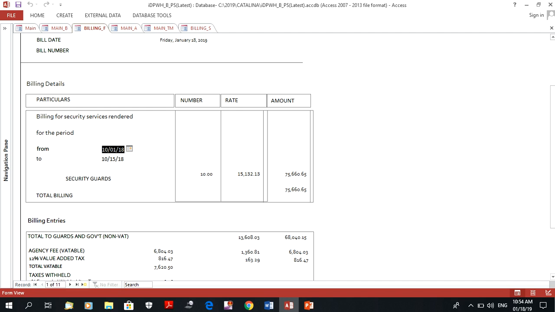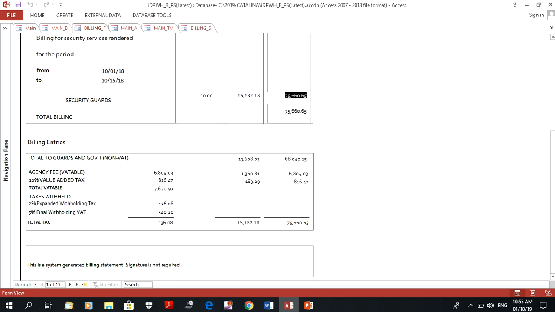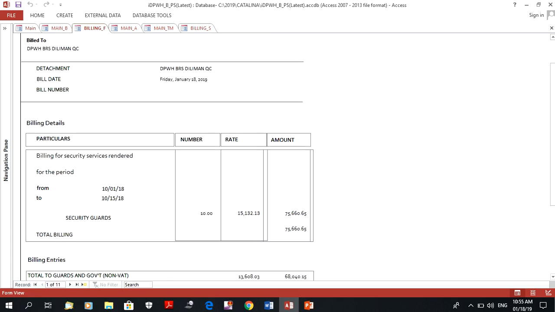This is the FR date. This is the from-to pay period. This is how you count it. This is the automatic count. The rate, of course, is inputted in your field to compute for the automatic amount. And these are the computations for the agency fee, the value added tax, total vatable, 2% expanded, and so on and so forth. All the formulas you will see later on.